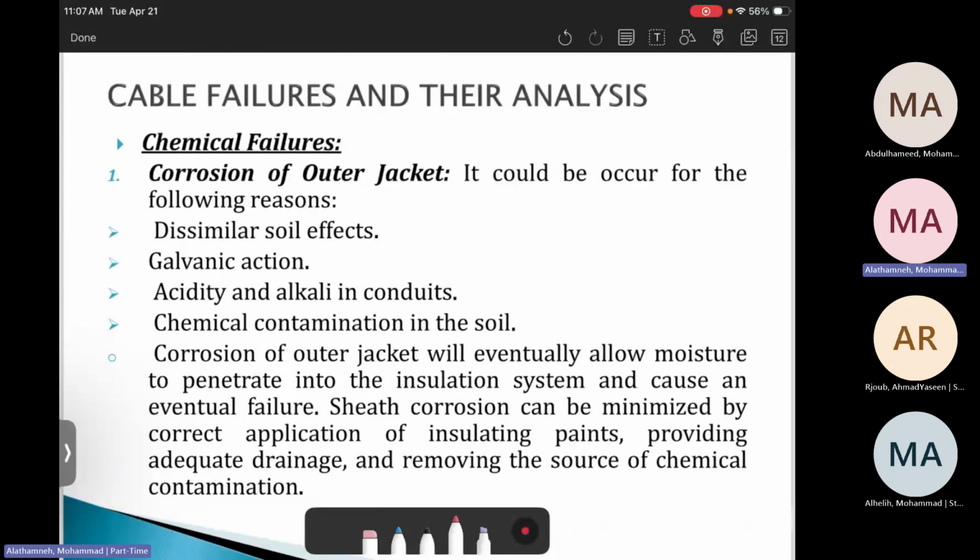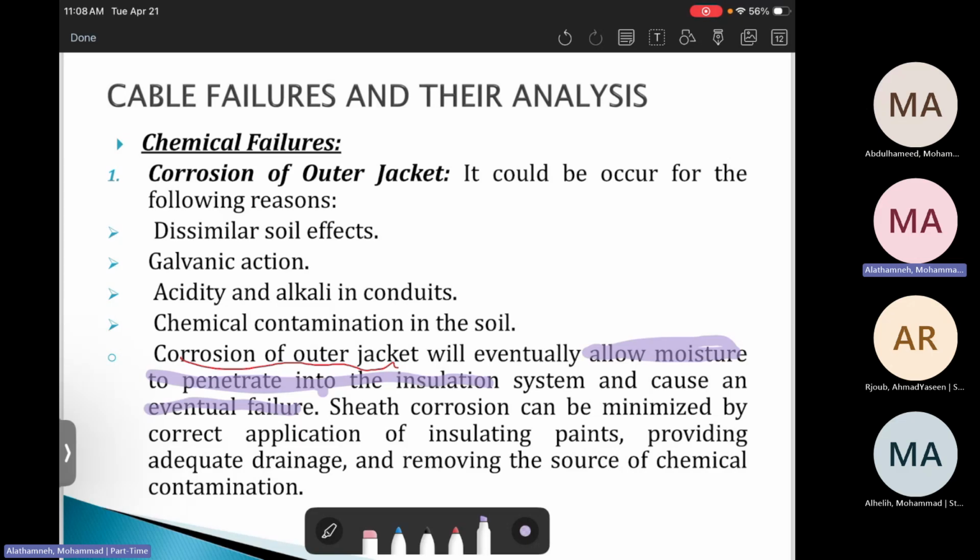There's another one, chemical failures, like the corrosion of the outer jackets. It can happen due to soil effects, galvanic action, acidity around it, or chemical contamination in the soil. Corrosion of the outer jacket will eventually allow moisture to penetrate through the insulation system and cause failure.